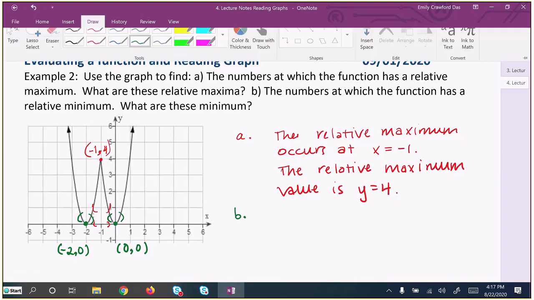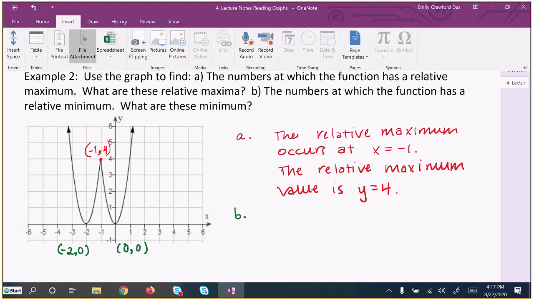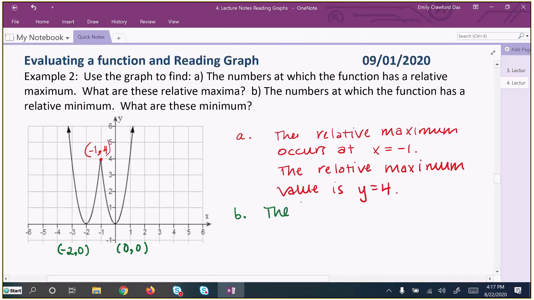So these are going to be our relative minimums, and the numbers at which they occur are the x-coordinates. So we'll say the relative minimums or relative minima occur at x equals -2 and x equals 0.